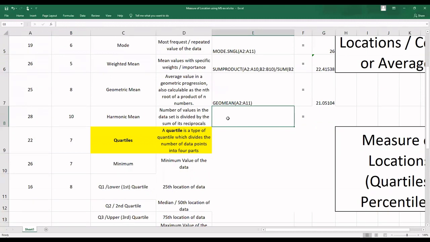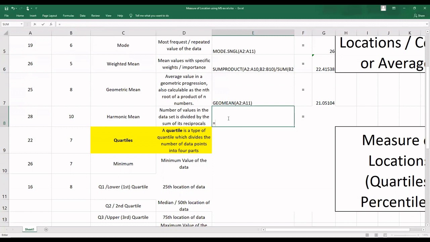So the harmonic mean. The concept of the harmonic mean is the number of values in the data set divided by the sum of its reciprocals. Usually a very well-known definition is the reciprocal of the arithmetic mean of the reciprocals of the values.